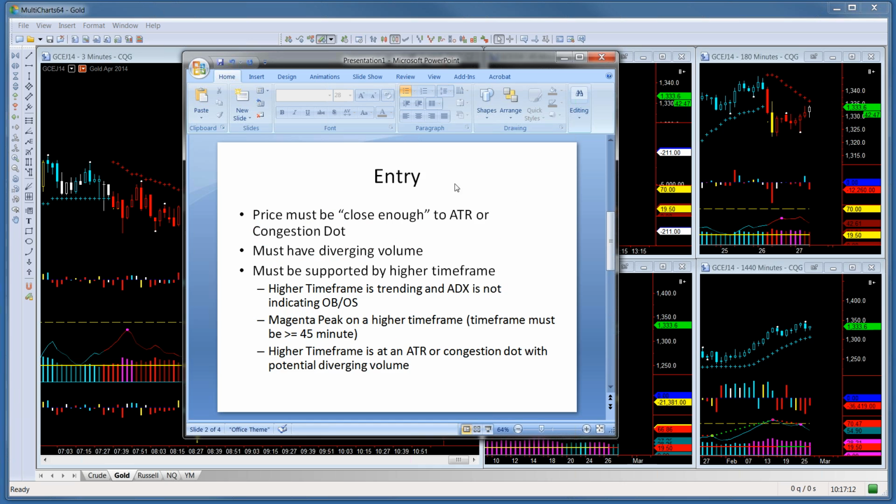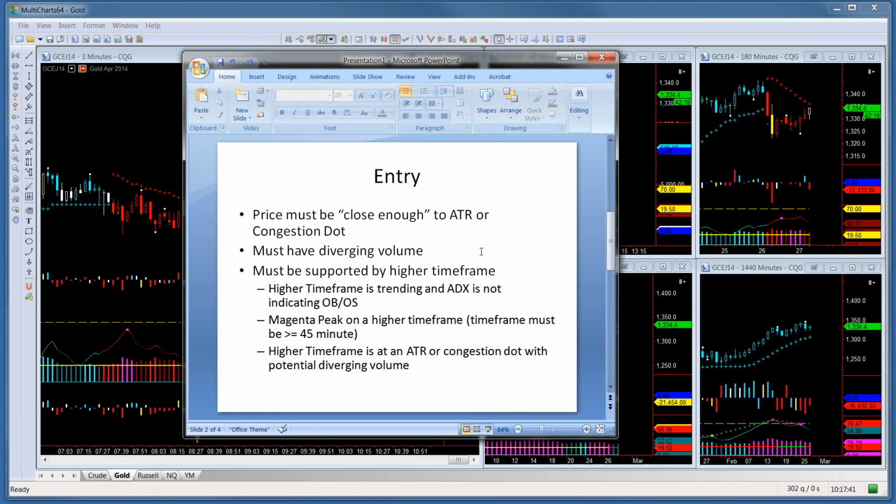All right. Now, an entry with THD means that price must be close enough to the ATR or the congestion dot. Price must have diverging volume and it must be supported by a higher time frame. What does that mean? It means that the higher time frame is trending and the ADX is not indicating an overbought or oversold situation.